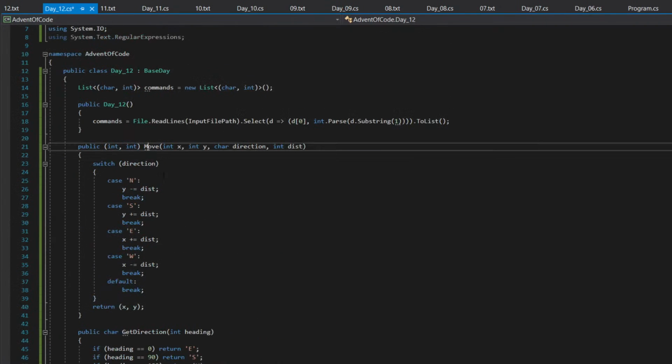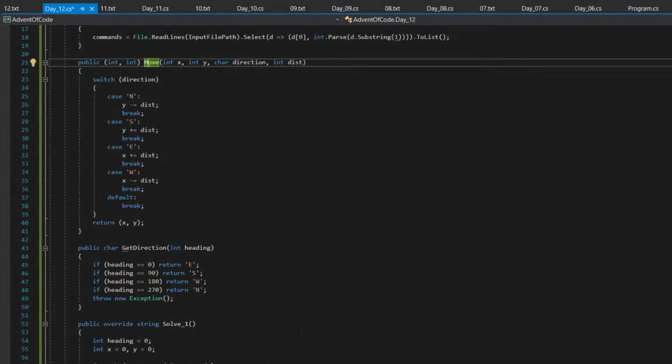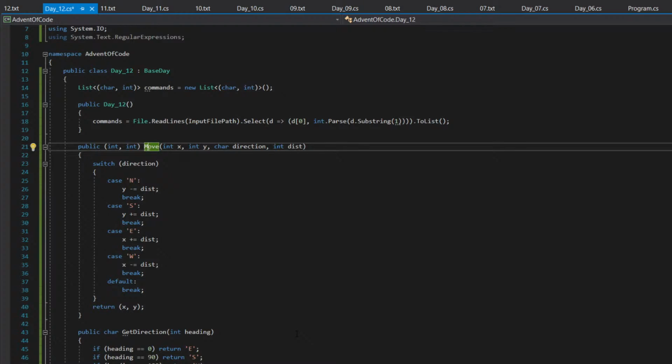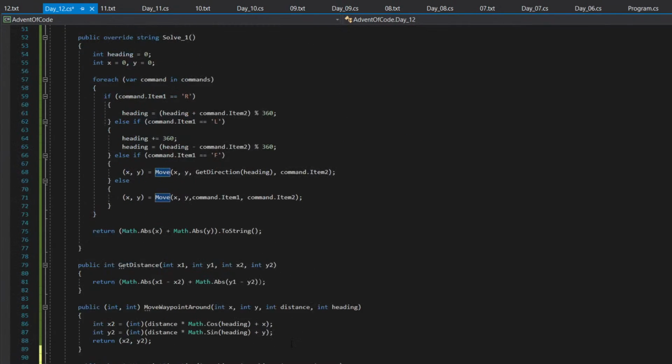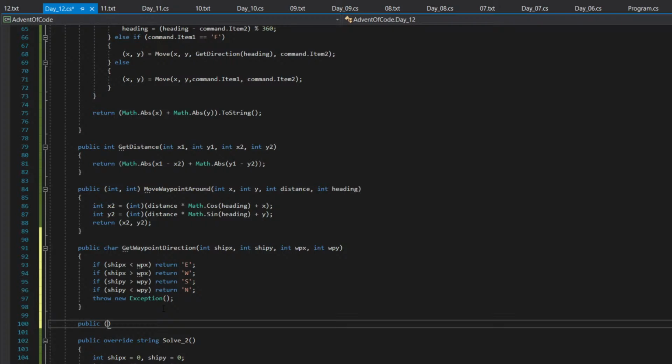So we had this guy up here, which was move. We don't want the ship's position, right? We want the offset. Which I guess we can do something like this. Get offsets.